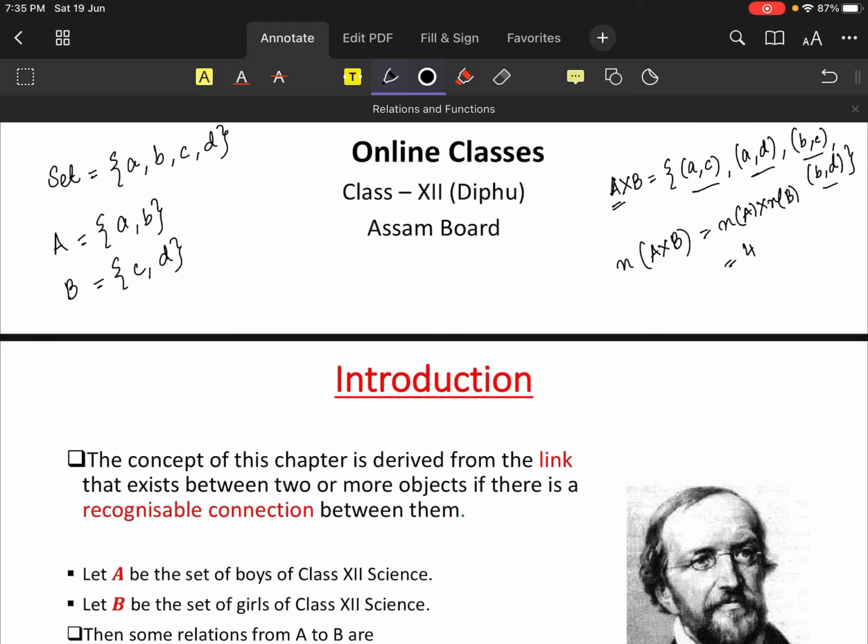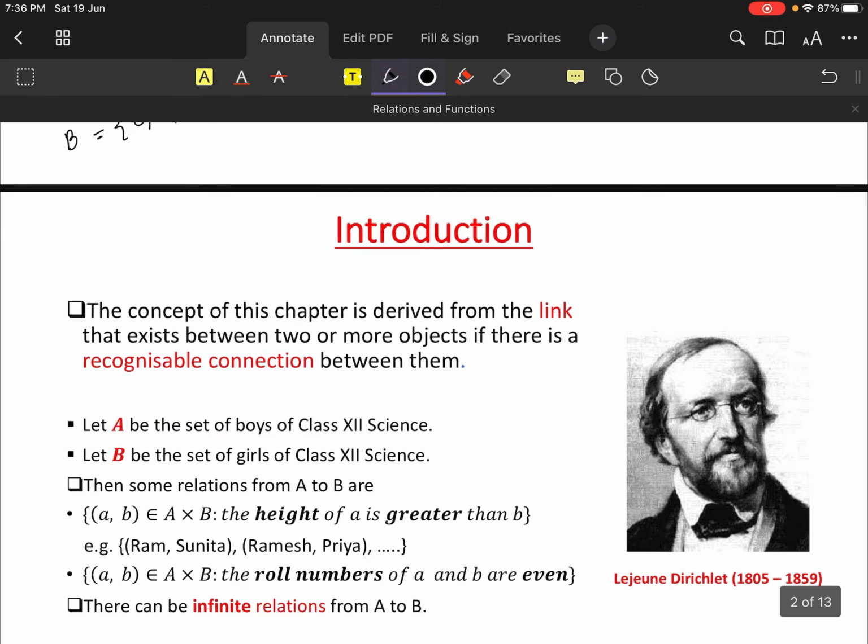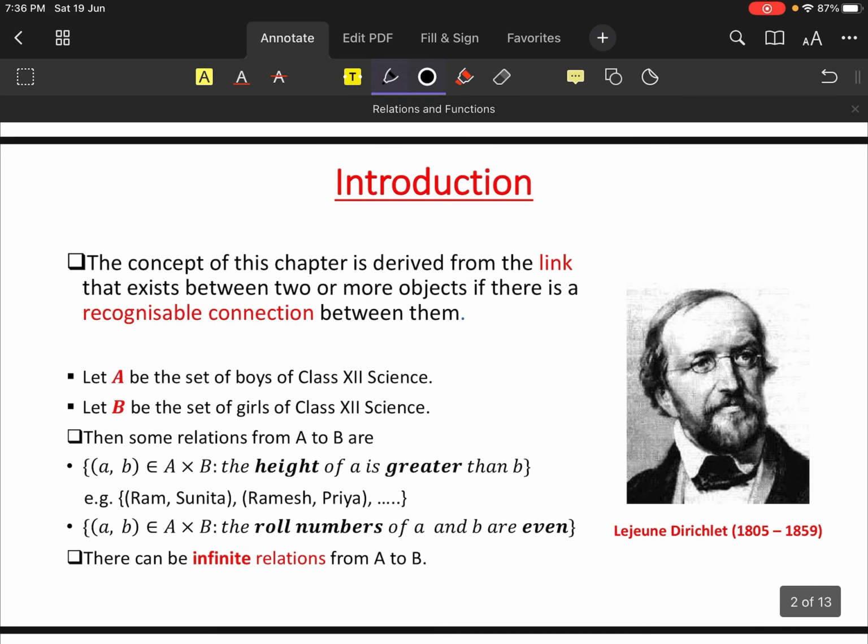Now we come to this chapter, that is relation and function. So first, what does it deal with? The concept of this chapter is derived from the link that exists between two or more objects if there is a recognizable connection between them. Relations are denoted by capital R, and these are also sets.